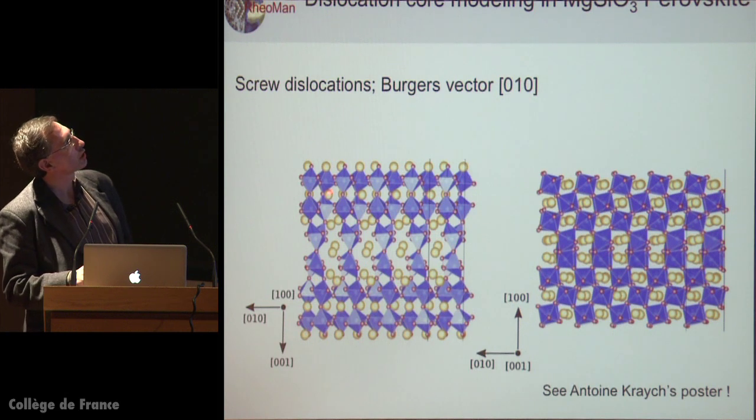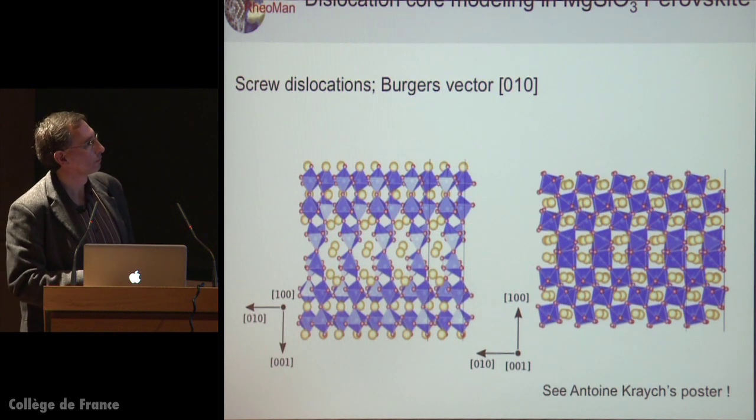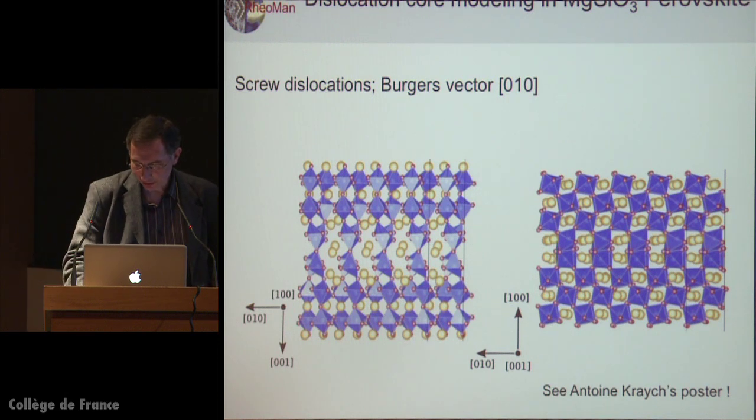This is the other dislocation. This is a 0,1,0, and you can see that here two, let's say, atomic rows or two layers are involved in the structure of the detail. One more time, you may have the detail this afternoon. I won't spend more time about that.